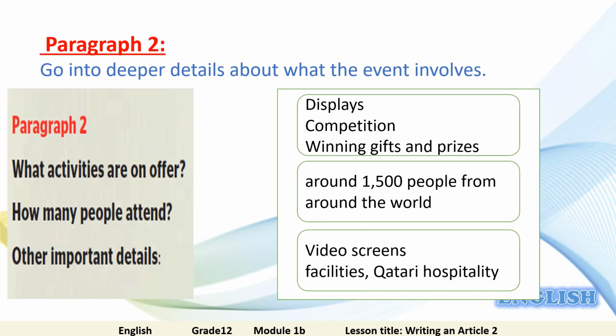The huge video screens, the facilities they will have there, and the culinary hospitality they are going to enjoy. Of course, when you start writing, you're going to go in depth with these titles, explaining them thoroughly.